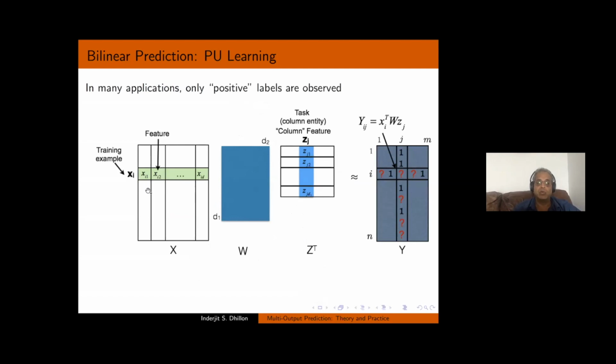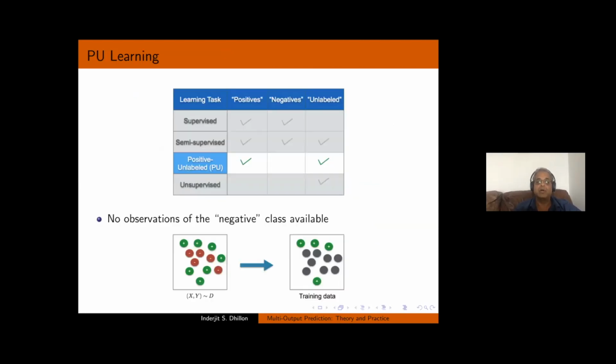So going on with the previous pictures, I have, again, lots of missing values, but now I only have ones in the target. There's nothing else. You can think of it as a different class of problems.